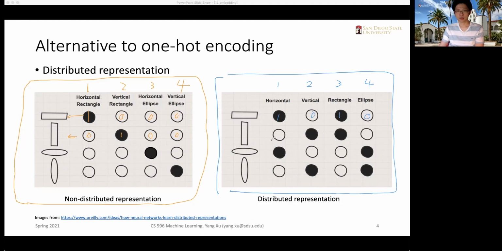The second one would be vertical and a rectangle. So now the vector for the first object is 1, 0, 1, 0, and the vector for the second is 0, 1, 1, 0.